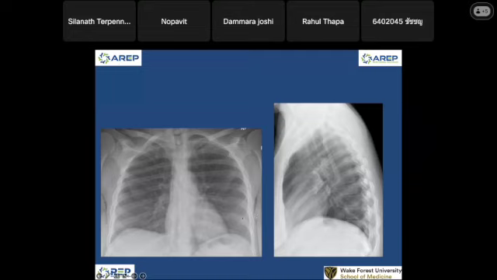If I were to read this case, and I don't have a prior study and I know nothing about the patient, I will say, I see something here. I don't know what it is. If the patient comes in with fever, with cough, this may be pneumonia. If the patient does not have symptoms and he's old and he's a smoker, that may be cancer, which I cannot appreciate on the PA.